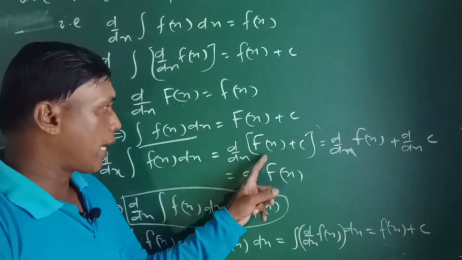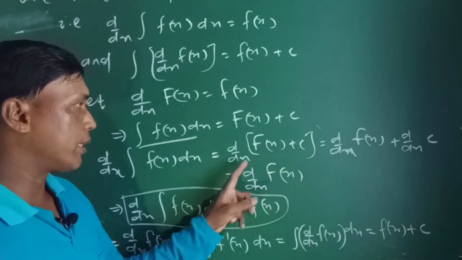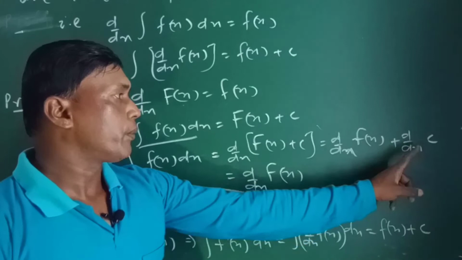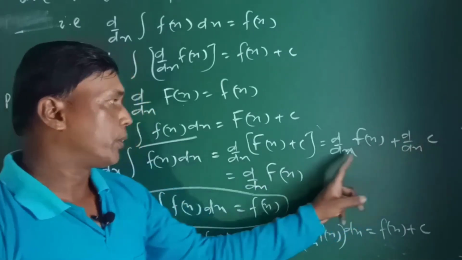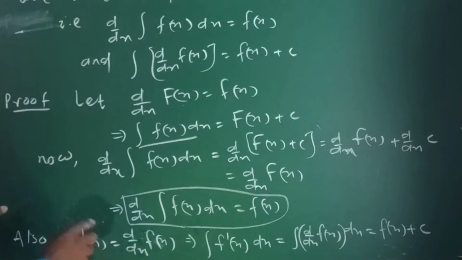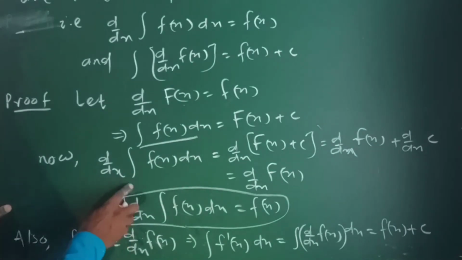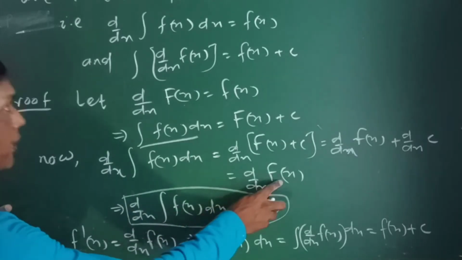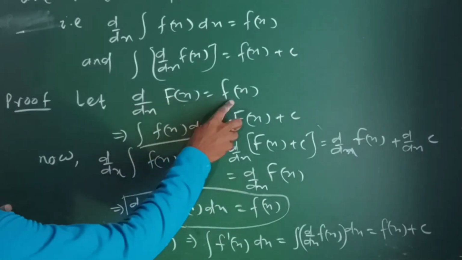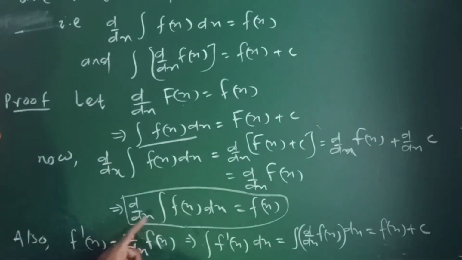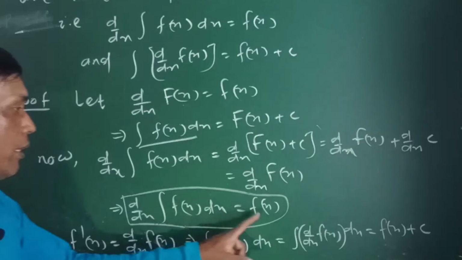We can apply the addition formula here: derivative of F of x plus derivative of c, but we know the derivative of a constant is 0, so this is the derivative of F of x, which is small f of x. So derivative of integration of a function is the function.